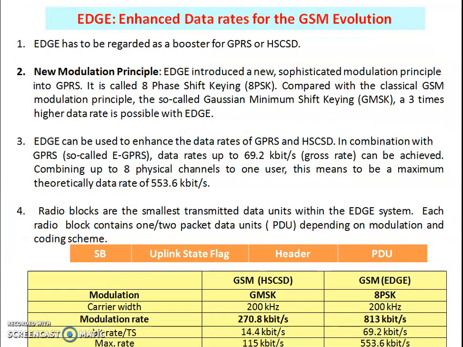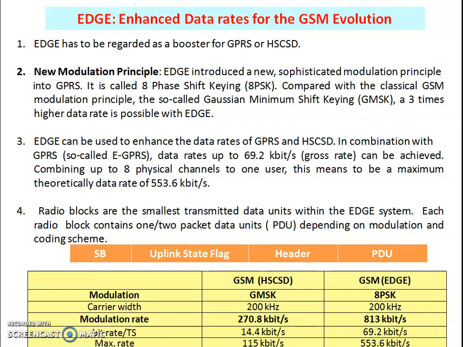Let us understand EDGE technology, Enhanced Data rate for GSM Evolution. EDGE has to be regarded as a booster for GPRS or HSCSD. New modulation principle: EDGE introduced a new sophisticated modulation principle into GPRS.